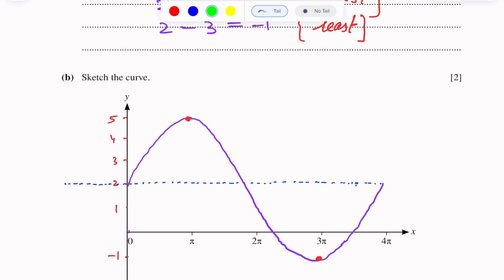This is the baseline. Half of the graph will be on the upside and half of the graph will be downward.